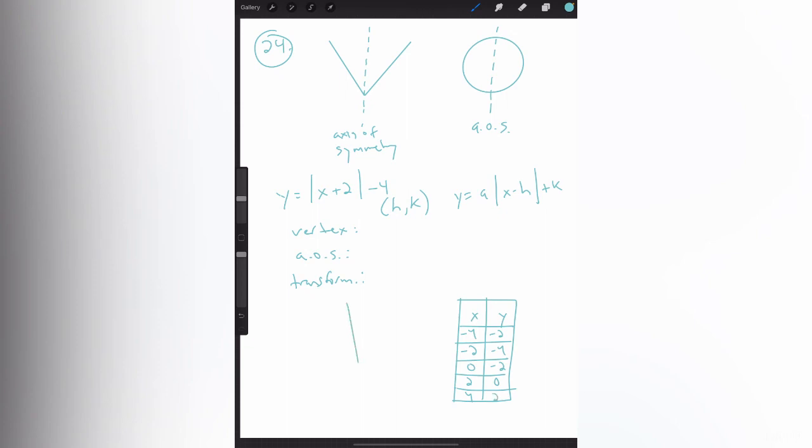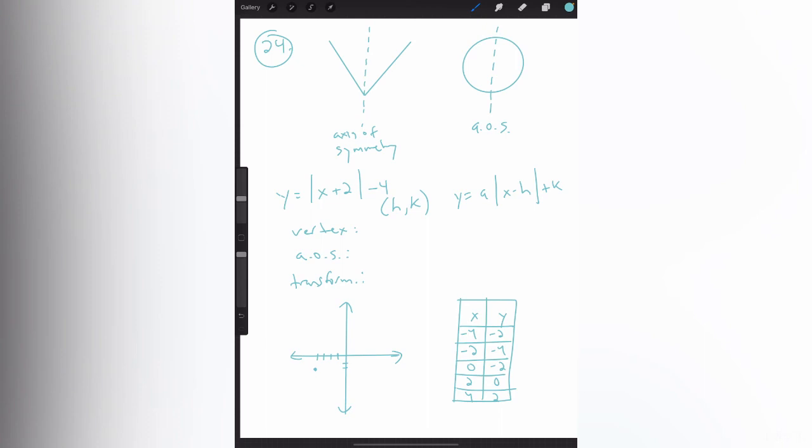I know it says do it without graphing, but I want to show you with graphing first, and then I'll show you the easier way. We're doing it the graphing way, and we get tired of putting in all these table values. So we have negative 4, down 2. Then negative 2, down 4.